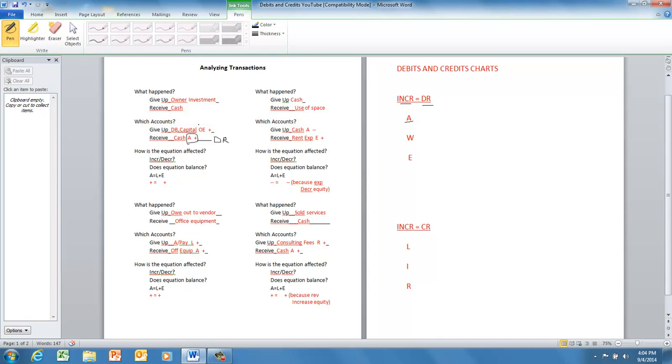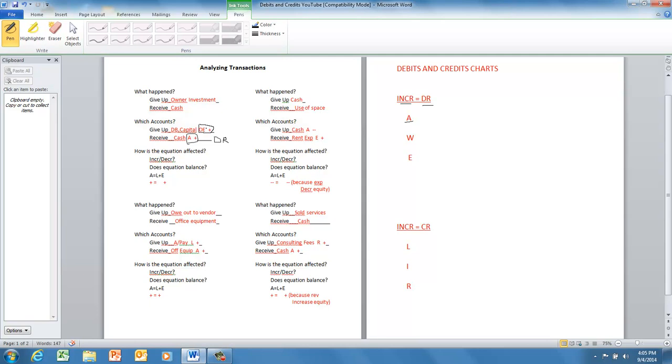Here we have an increase in owner's equity. Now that we're in the new chapter and we're talking about debits and credits, we can't use OE anymore. We learned that for owner's equity there's 4 subsets, which is investment, withdrawal, revenues, or expenses. It has to be one of those 4. We can't just say OE anymore.